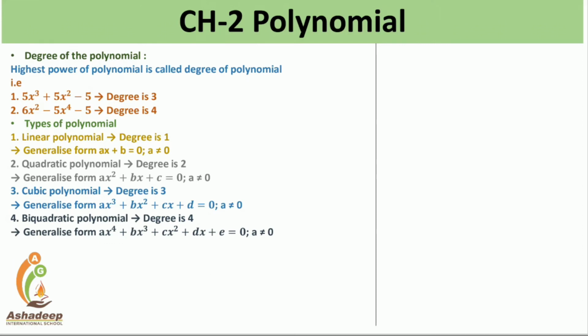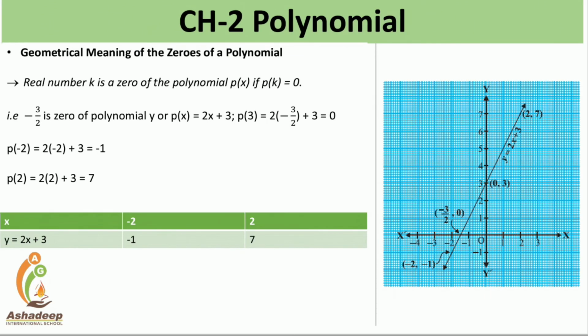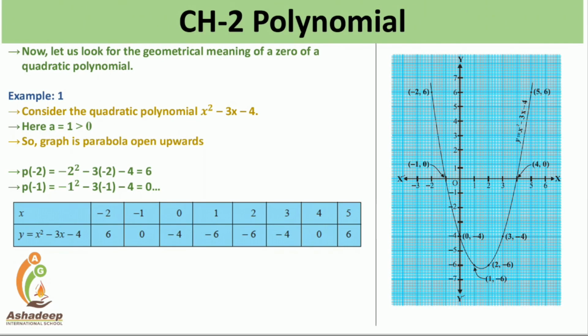Now we need to know the geometrical meaning of a polynomial. If it touches the x-axis at 1 point, then it has 1 zero, right?